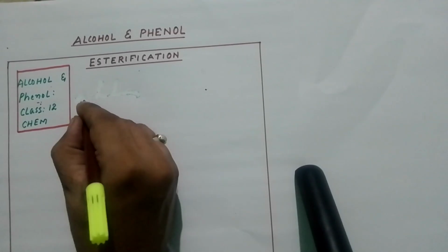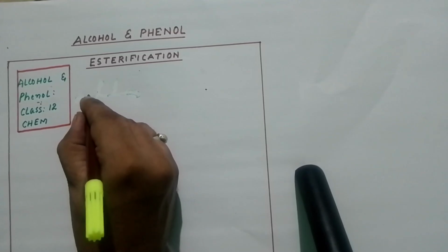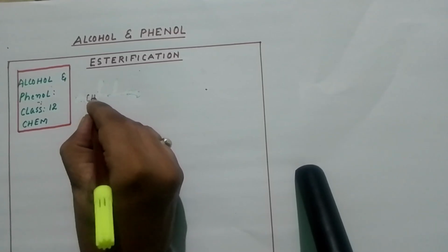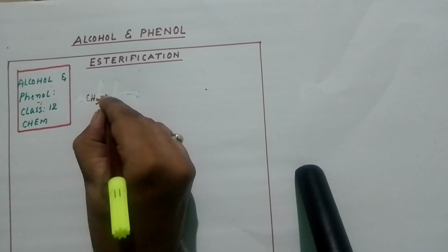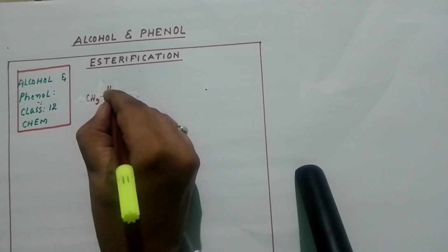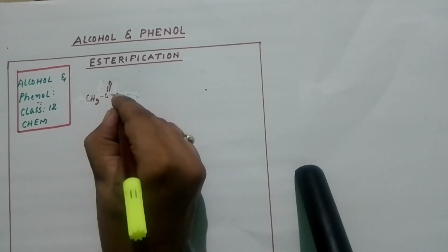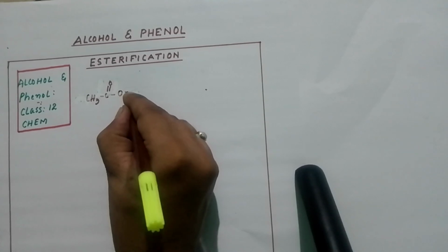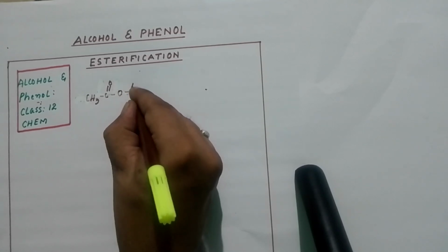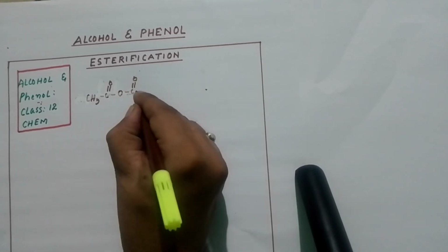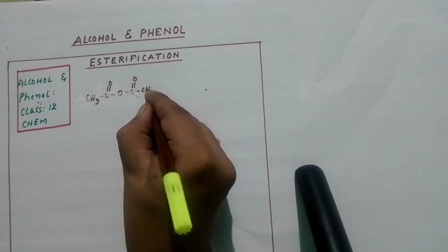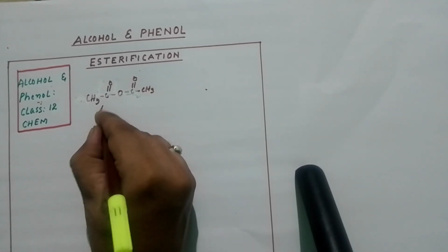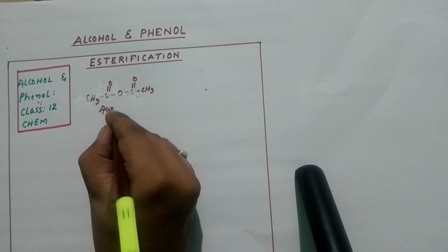Now let's study first acid and anhydride. It is very reactive as compared to acetic acid. First of all, you write acid and anhydride.